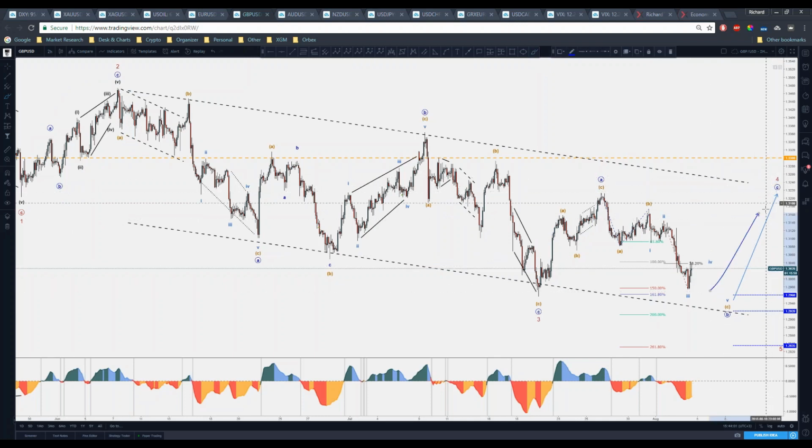So this wave C is not out of the question for this wave 4. Of course, I would expect one more on the downside. We'll see, with a proper bullish divergence right here.